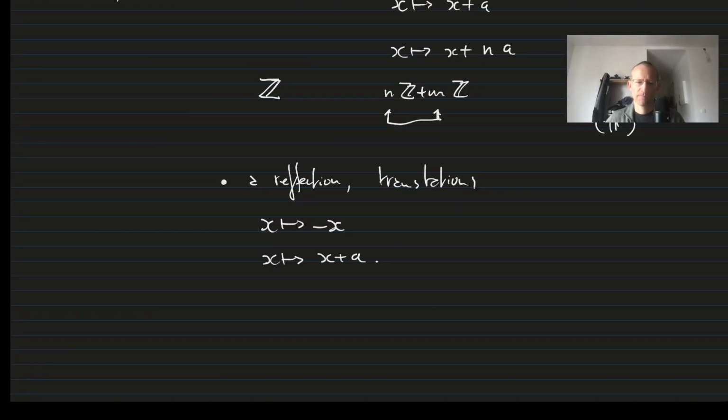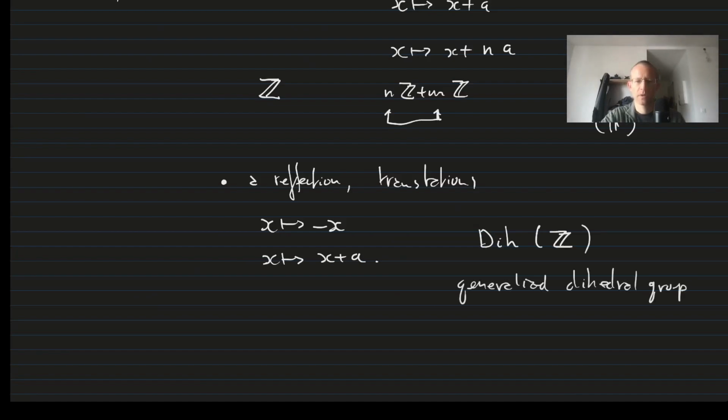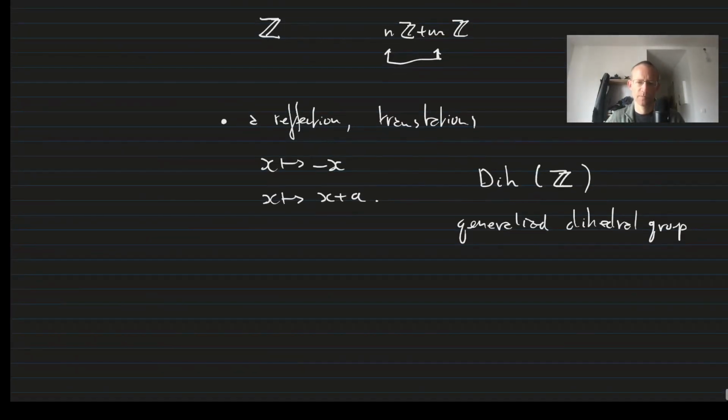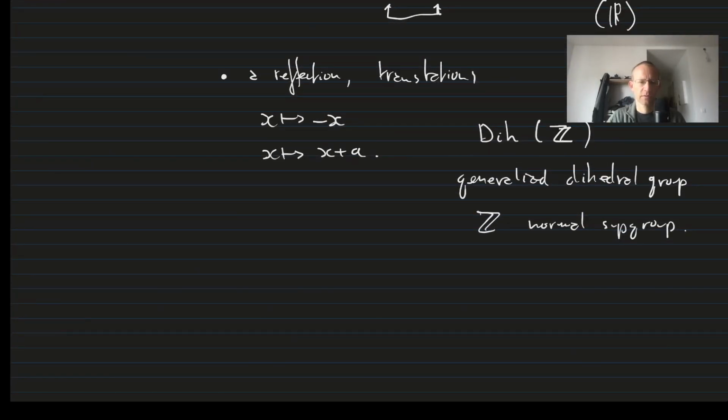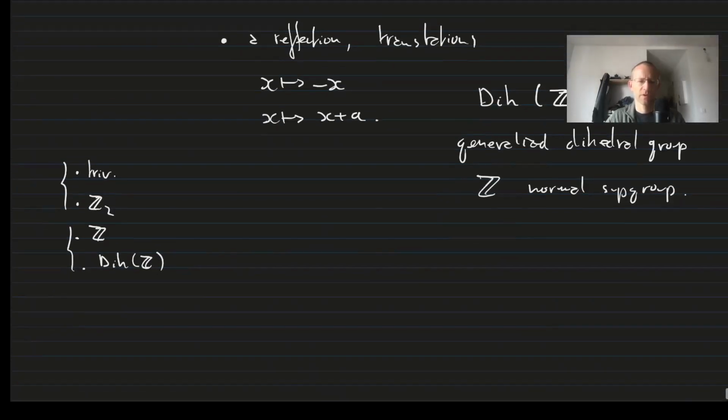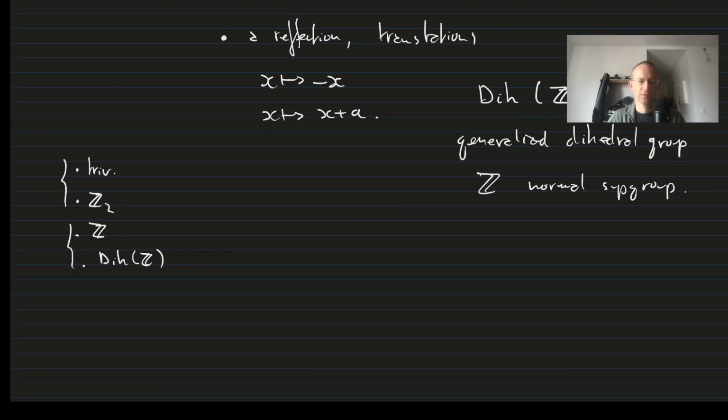But this group is the generalized dihedral group, in which Z is a normal subgroup, and the quotient is equal to Z2. All right, so we've had 4 cases. One is the trivial group, one is just a reflection, one is just translations, and one is the generalized dihedral group. These are all the one-dimensional symmetry groups if I don't take into account just a full R, all translations plus reflections.